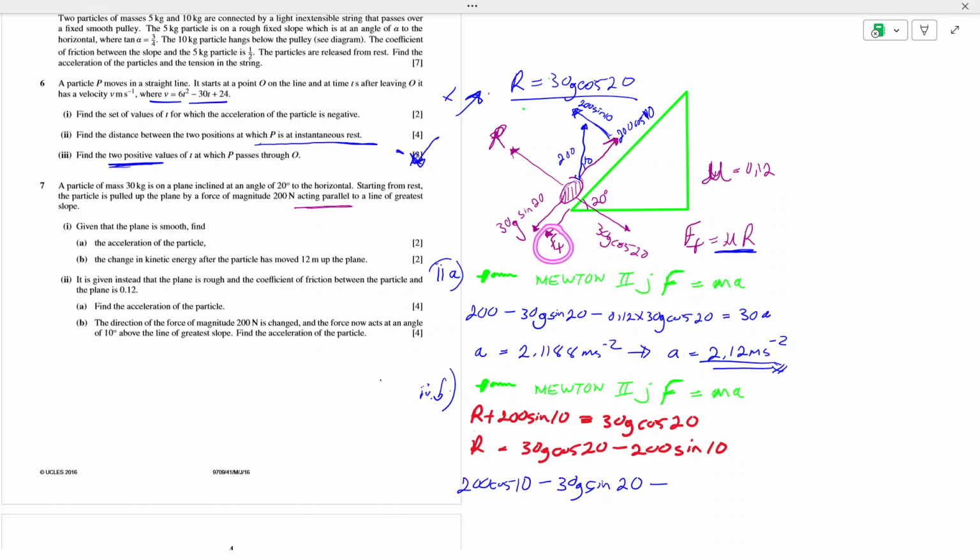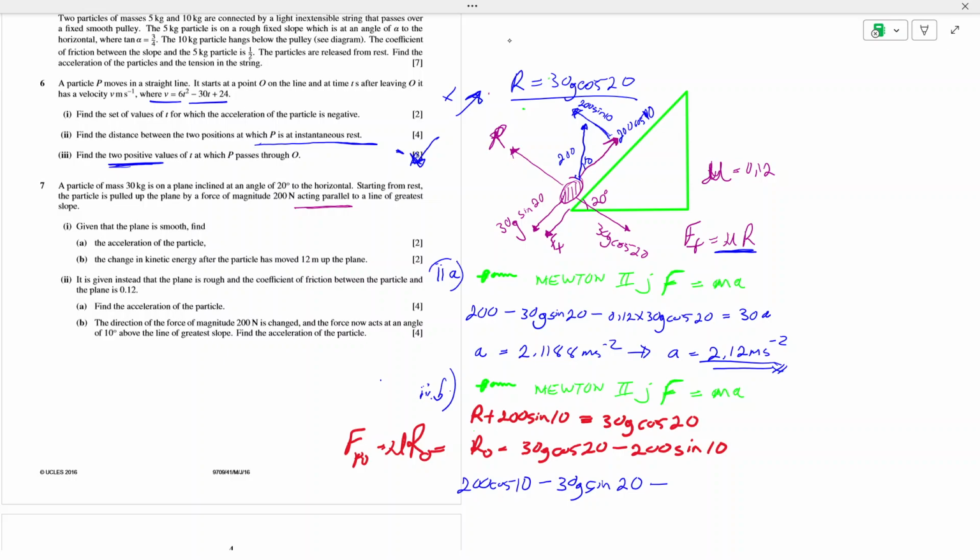But now it's F_f, which is going to be equal to μR, so I'm going to multiply this whole thing here by the μ.